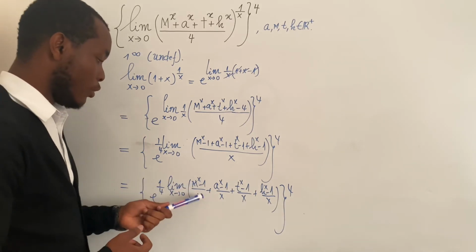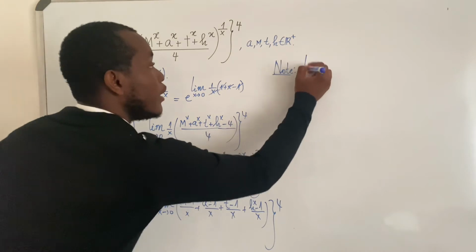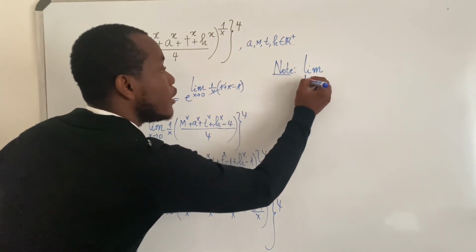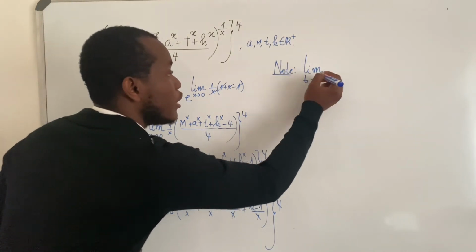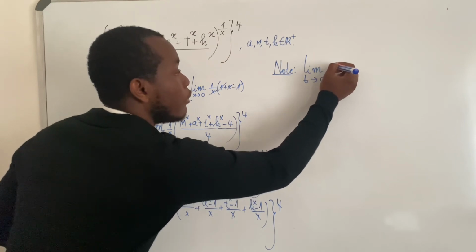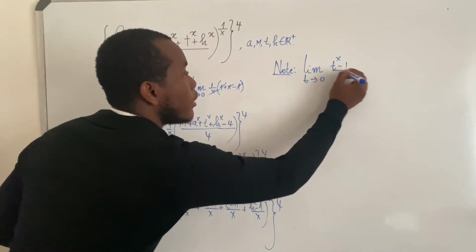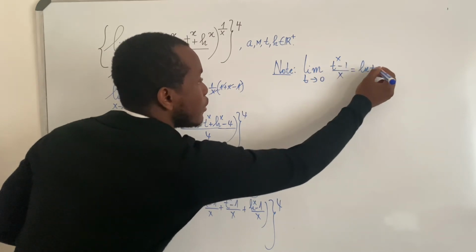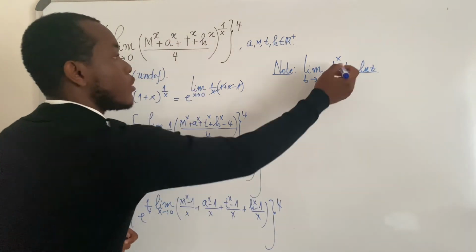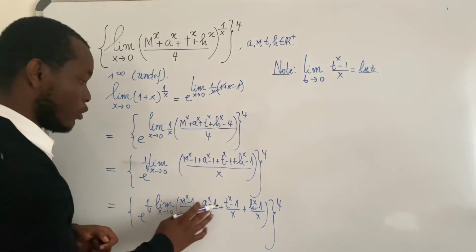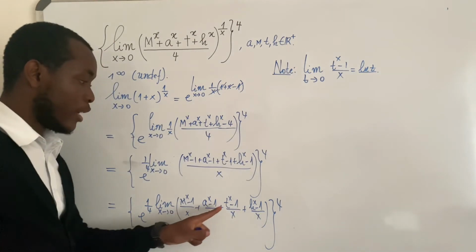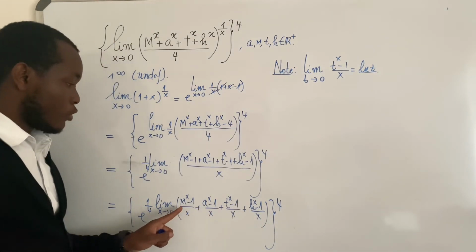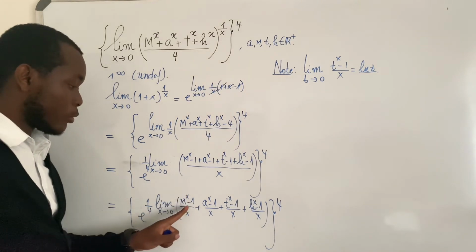So we know already that the limit when x approaches 0 of t to the power x minus 1 over x is equal to ln of the base t. Okay, so since this limit is similar to those ones, we can apply the same approach. So we have m to the power x minus 1 over x.